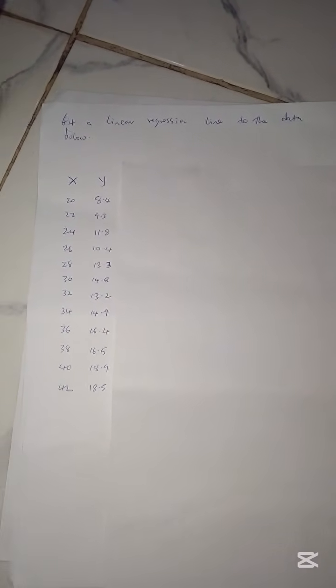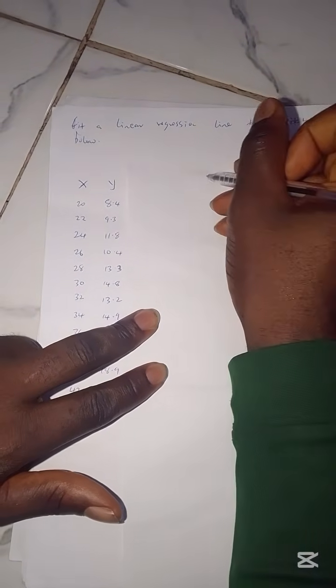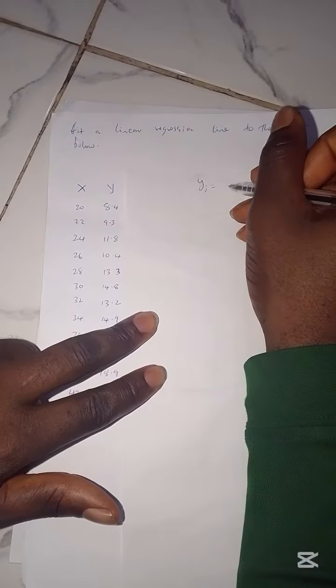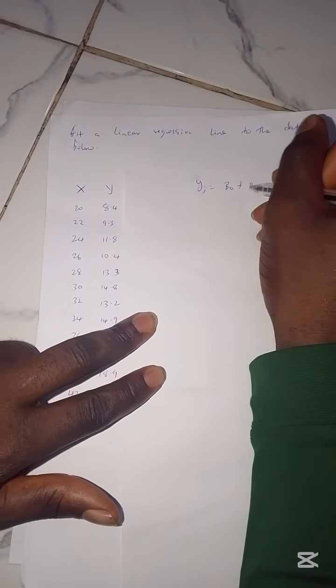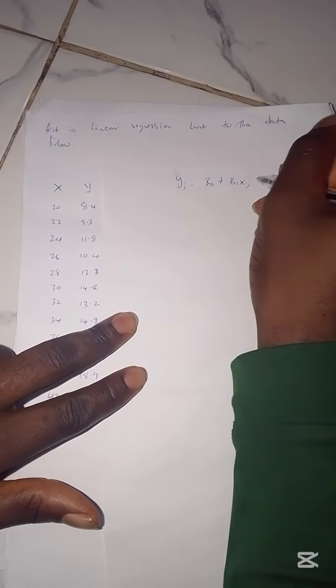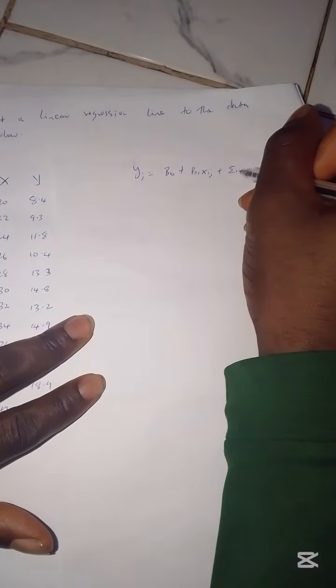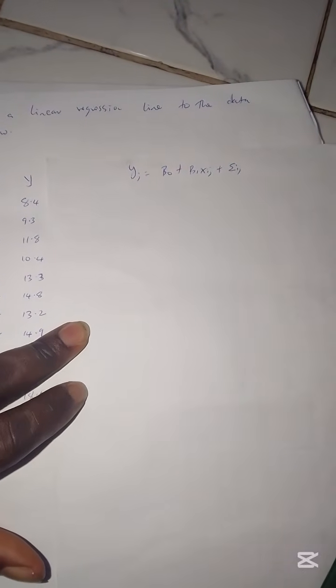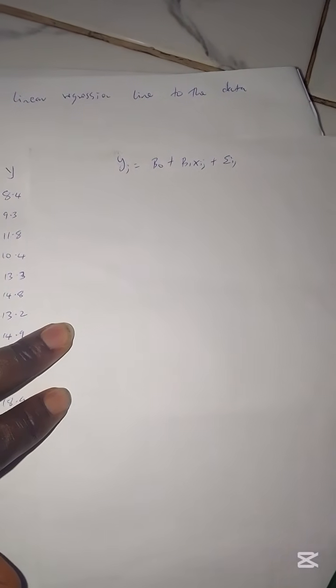Remember the regression formula: y_i equals b0 plus beta 1 x_i plus e_i, right? Remember that.